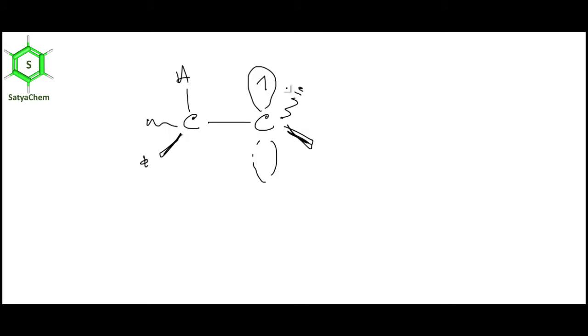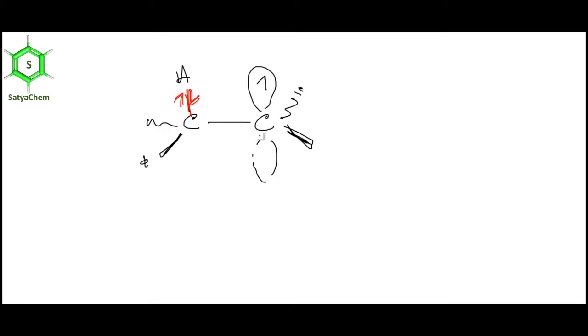Now obviously we know that each bond requires 2 electrons. Here this CH bond has 2 electrons, so out of the 2 electrons, 1 electron will be used to form a pi bond, because 1 electron will come from this CH bond, and the remaining electron will come from this p orbital.